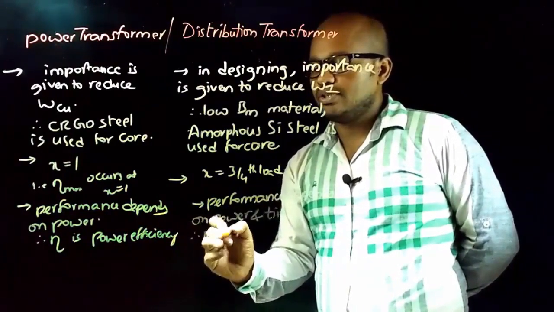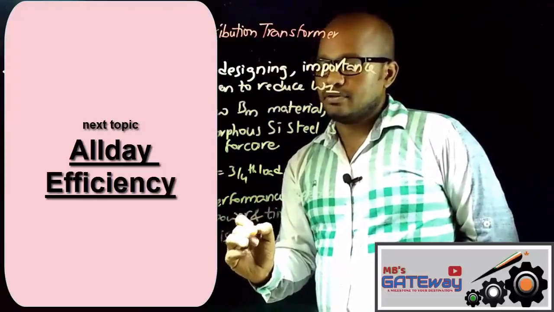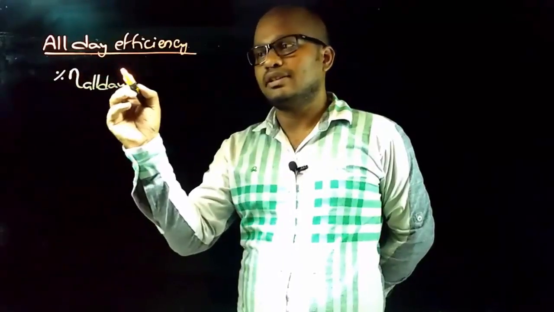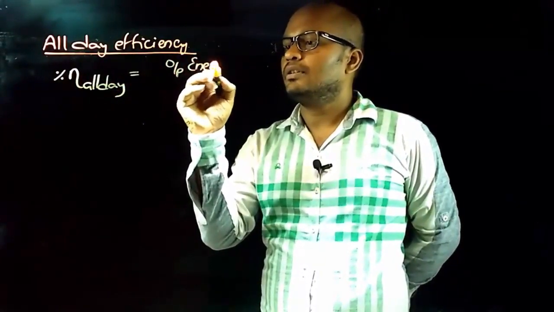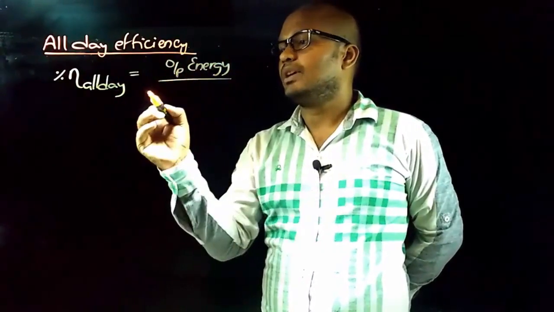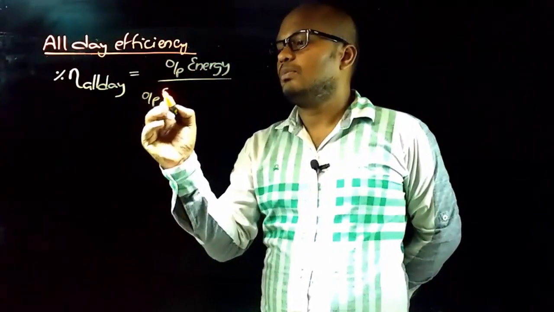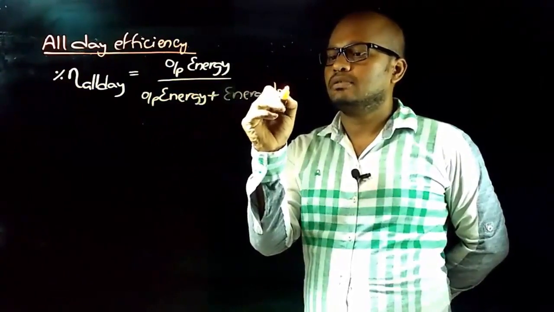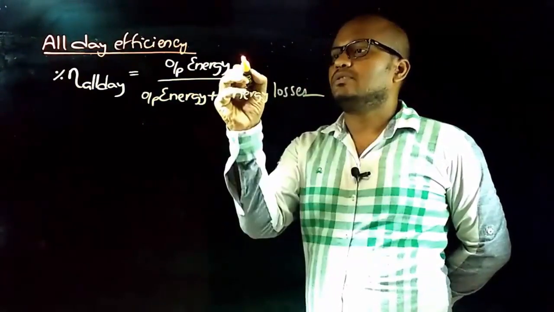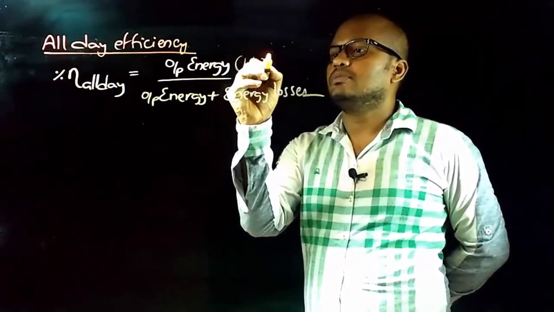Therefore, efficiency is all-day efficiency, which is represented like this: equal to output energy divided by output energy plus energy losses, which is in kWh.